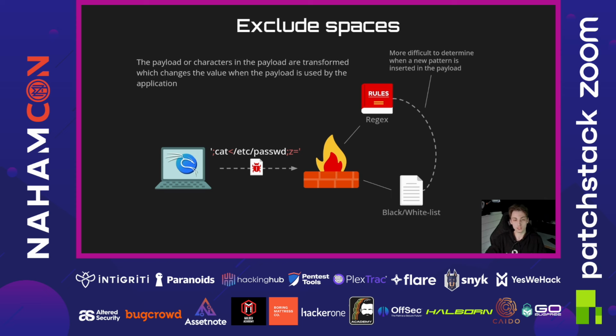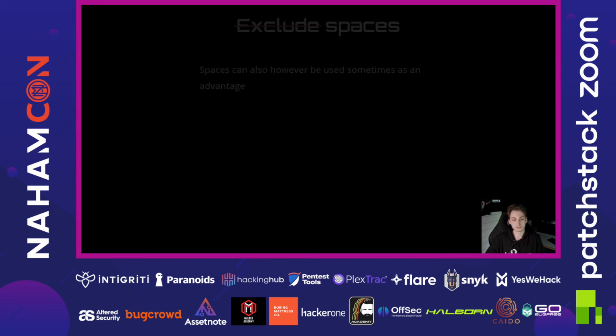For example, on the old payload, when you had the space, it's easy for the firewall to see that cat is separated from /etc/passwd. In this case, when you have an arrow sign, it might be a bit harder for the firewall to see that they are separated. It might think that cat is combined with the arrow sign and the forward slash, or it's having a harder time understanding the payload itself because it's clustered together.